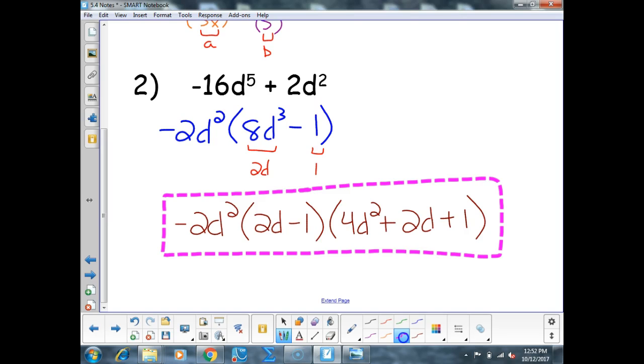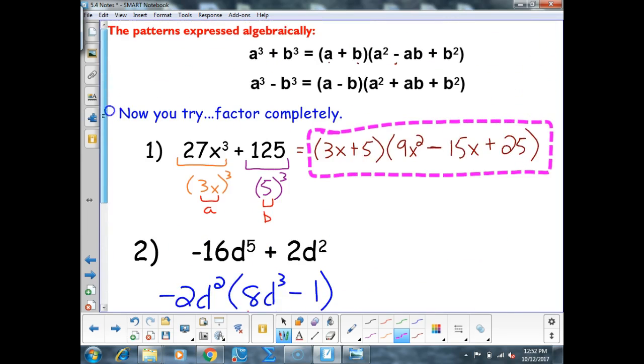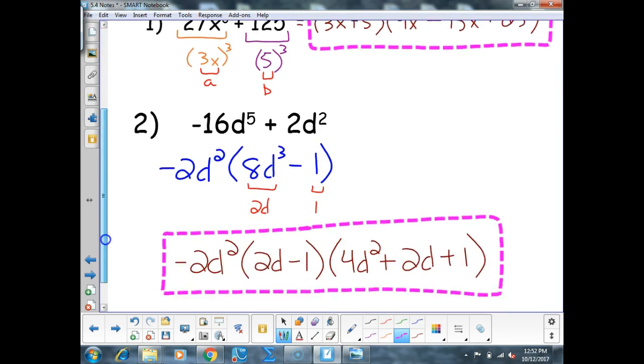Here? No. Because this is a subtraction sign. So when it's a subtraction sign in between here, then that one goes to plus. So let's say that we didn't take that negative out when we took the common factor. Wouldn't we just do the same thing basically, just with the addition amount?